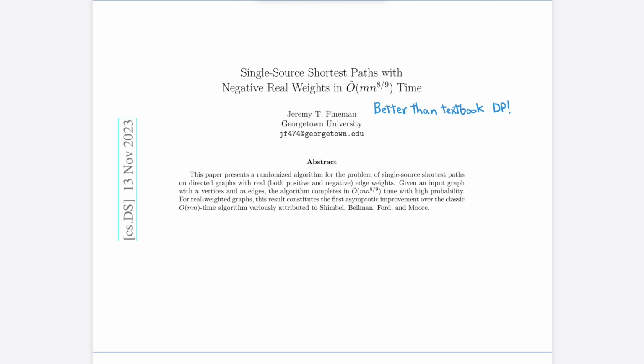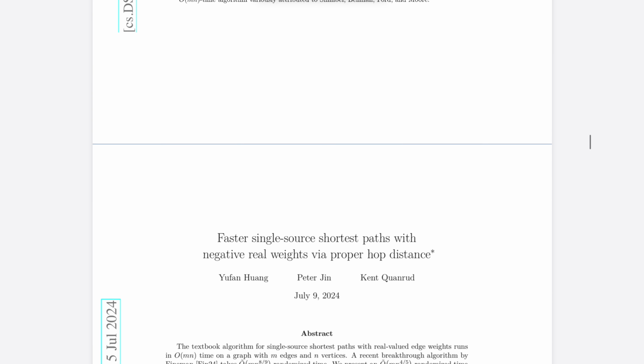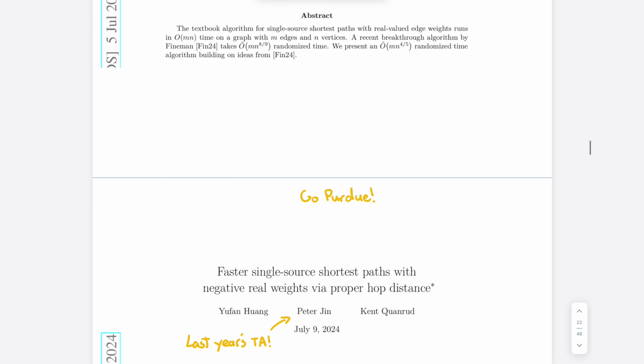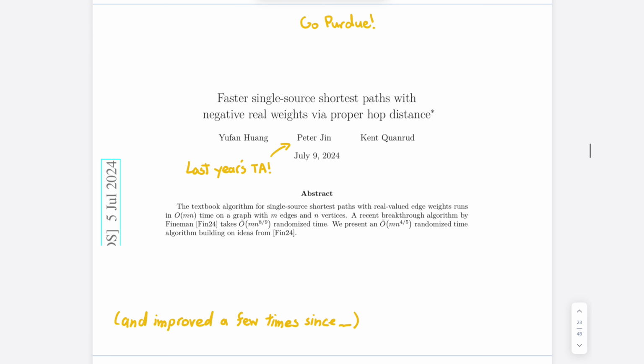But you can, and we still don't know what the best bound is. I only put this in the slides last year because this guy was a TA for the class last year. So we're among the people working on this problem, and there have been more improvements since then. Usually we don't get to work on problems that are really old. We just make up new problems that haven't been solved yet.